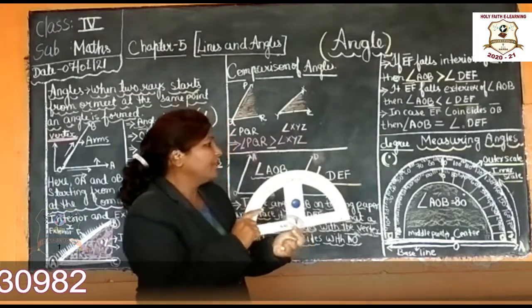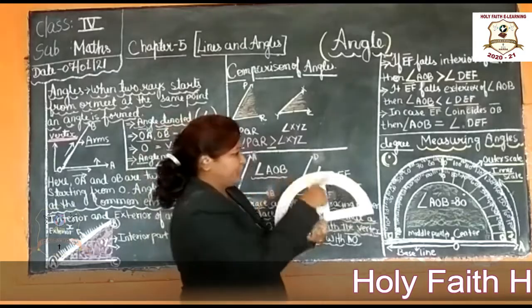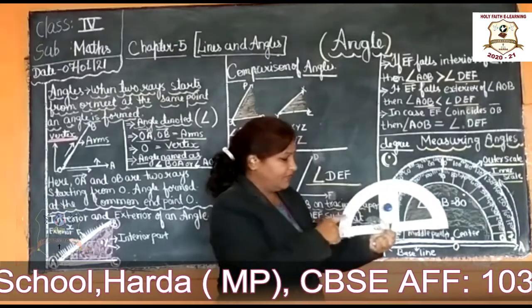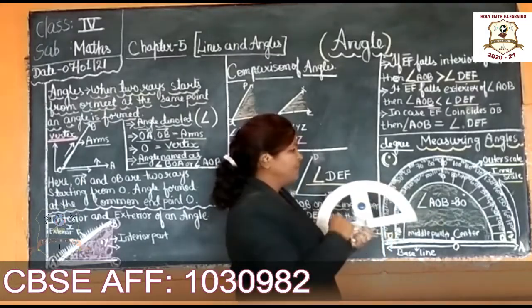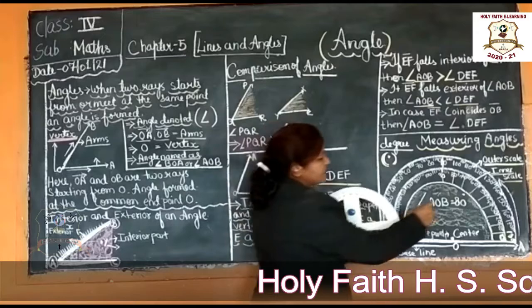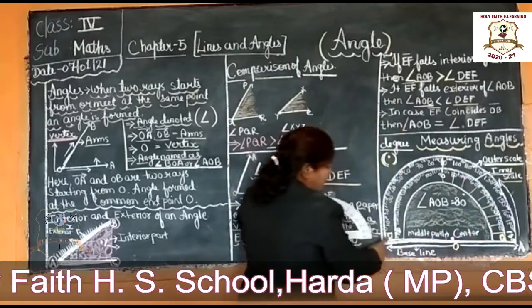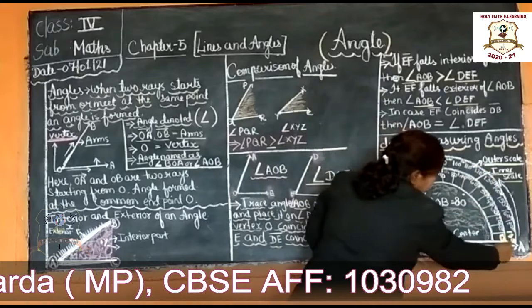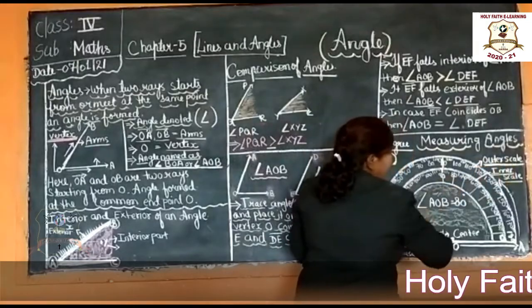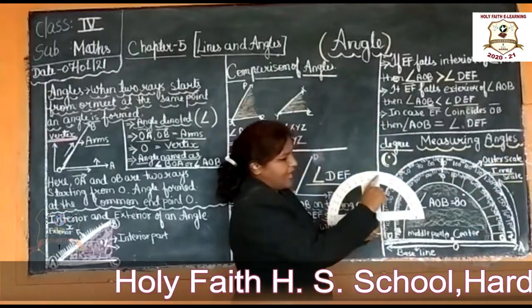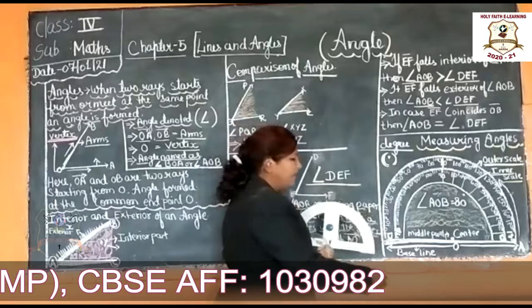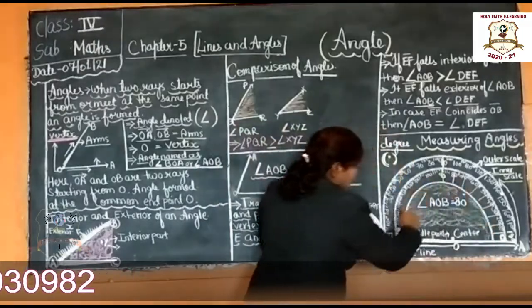In your geometry box you can measure with this protractor. Here you can see the outer scale, marked from 0 to 180.